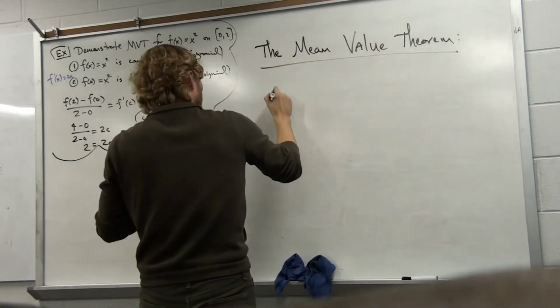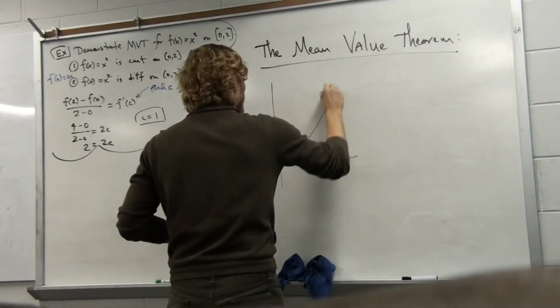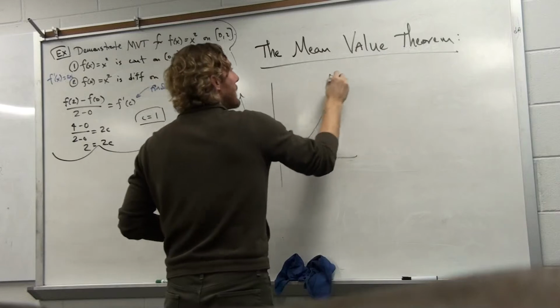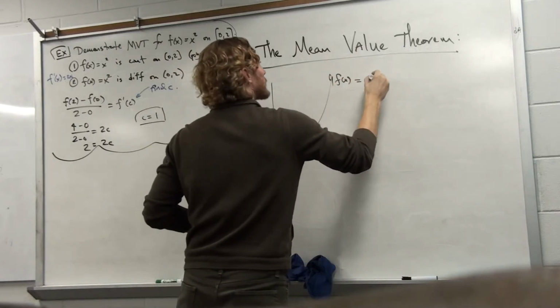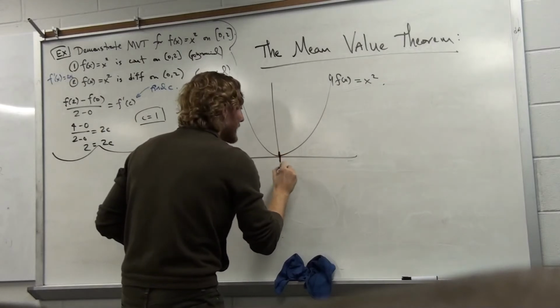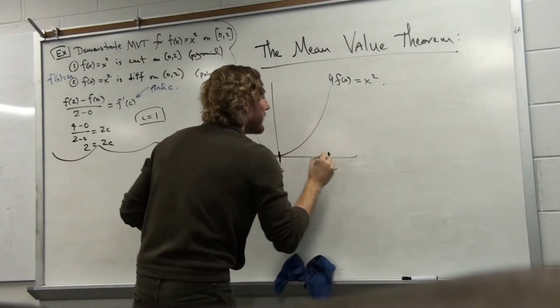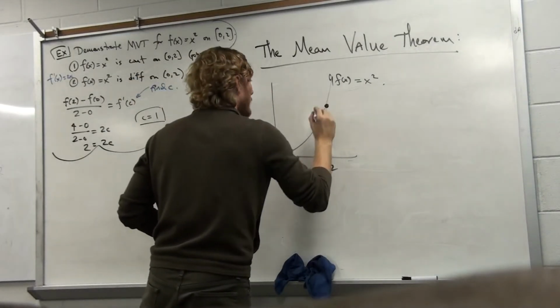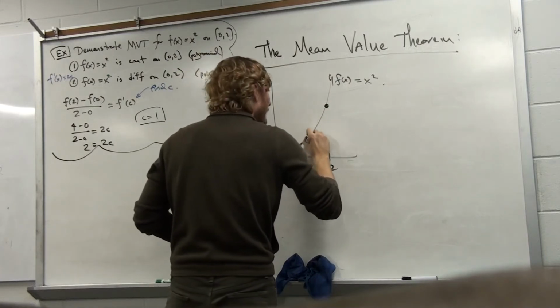But what is our function here? Our function is a good old-fashioned parabola. F of x equals x squared. And we're looking at the parabola between x equals 0 and x equals 2, which is this piece right here.